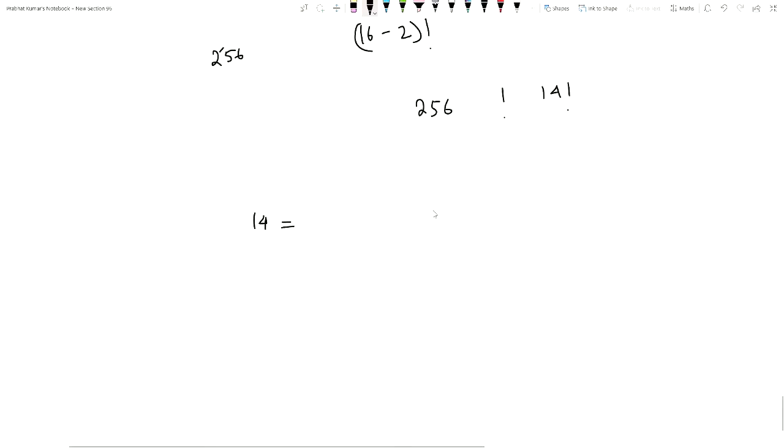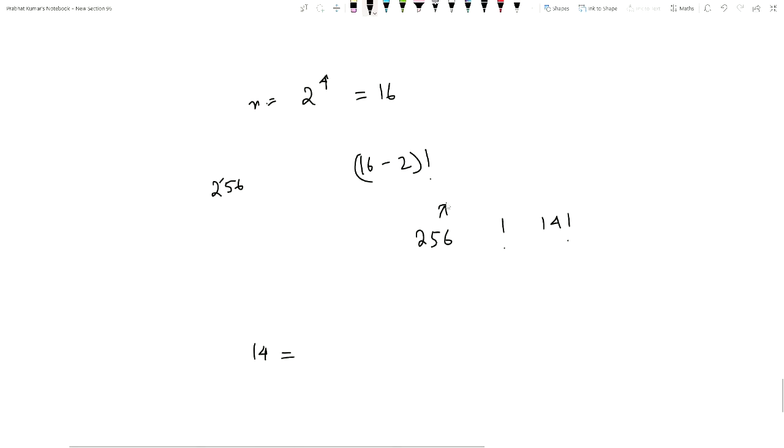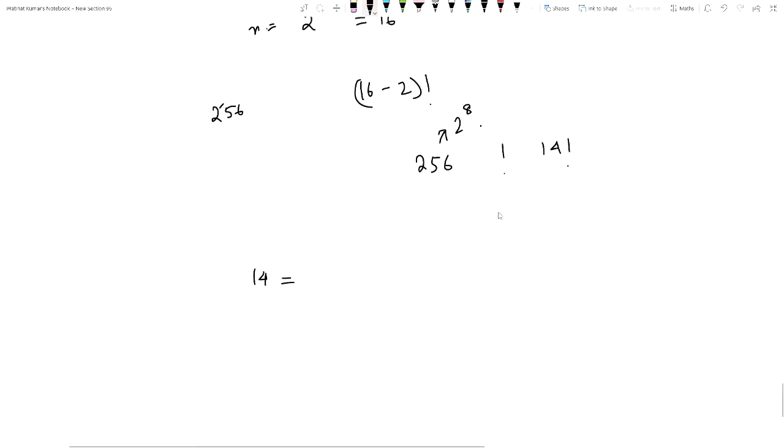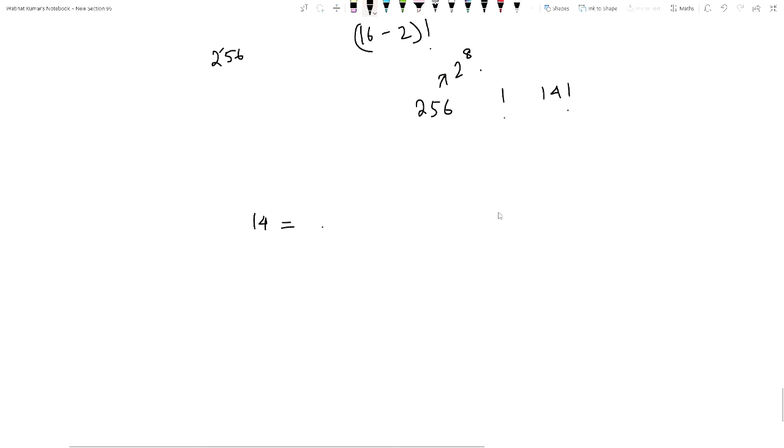So 14 factorial is, as I told you, this is 2 to the power 8, right? So in 14 there is 2, there is also 4, there is 6, there is 8, there is 10, there is 12, and there is 14, right?